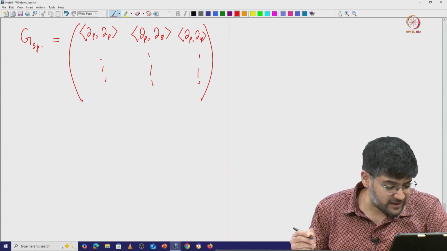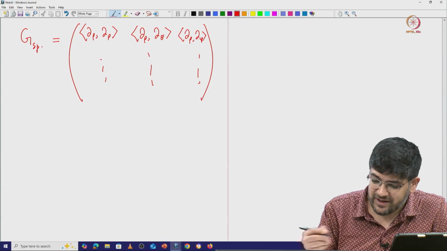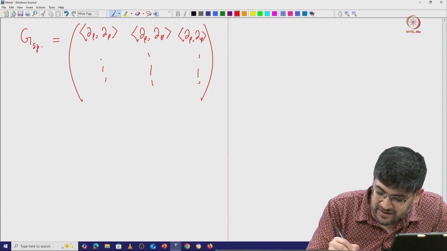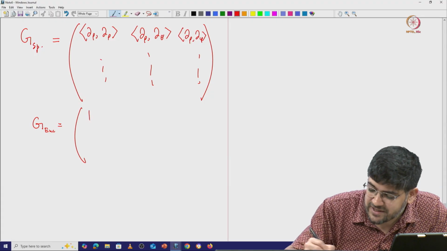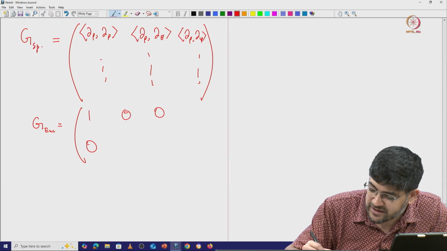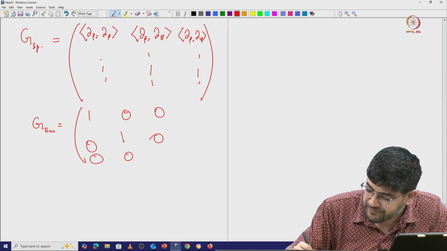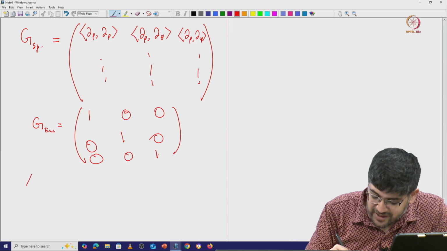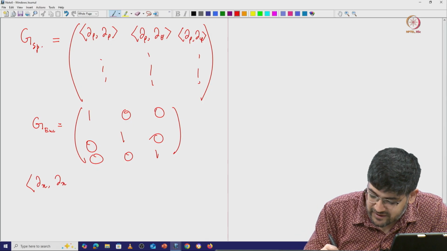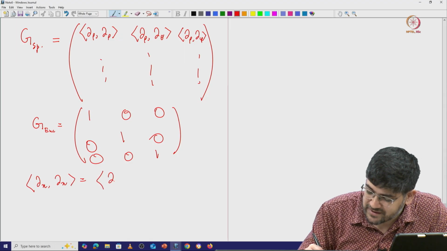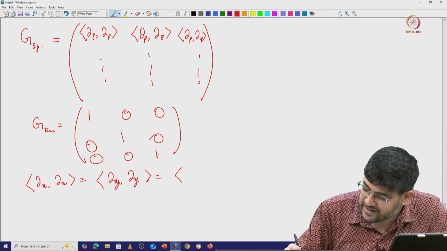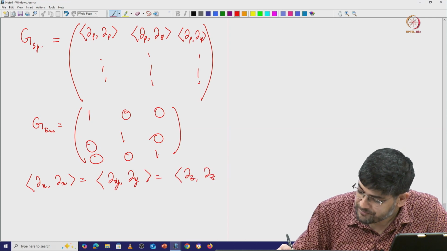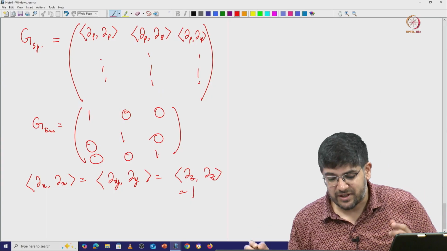So you can calculate all of this carefully using the fact that the G for the Euclidean metric in the Cartesian coordinates was basically the identity matrix. Okay, so that basically means that the inner product of del x with del x, del y with del y, del z with del z is equal to 1, and the rest of the inner products are 0.